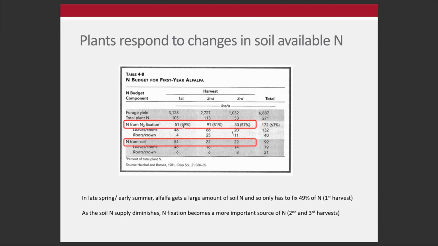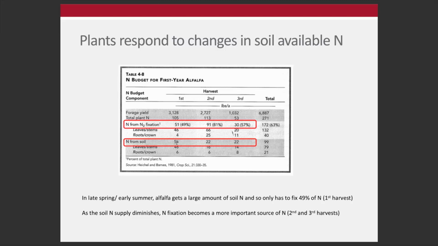So in the first cutting, about 50% of the nitrogen is from fixation, okay? And why is that? Well, it's because 50%, or 54 pounds per acre, is coming from the soil. That's when soil is mineralizing in that, say, May, June period, that late spring period when there's a lot of available soil nitrogen.